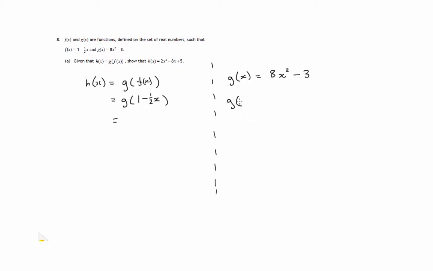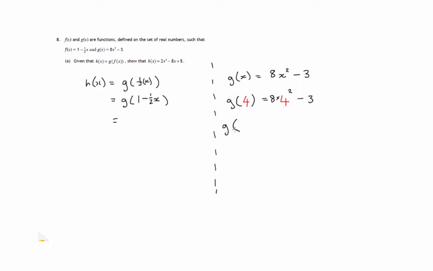So, for instance, if we put 4 inside g, then we would take 4 and square it, multiply the result by 8, and subtract 3.